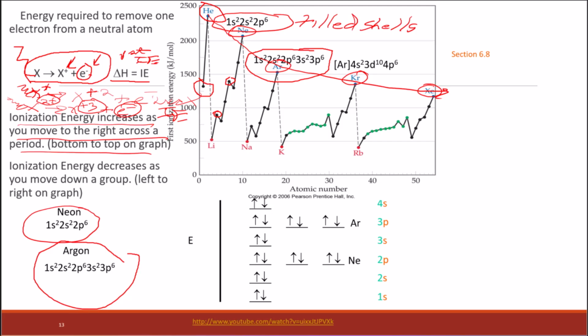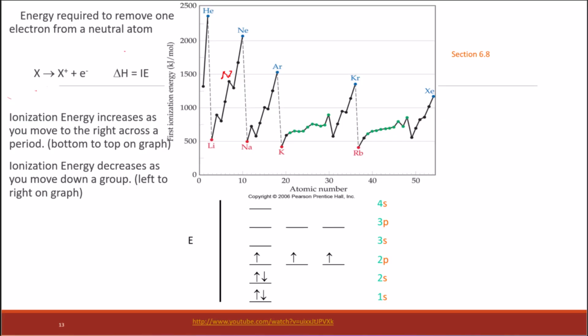And there we go. I wanted to go back just a moment and remind you that this peak right here represents nitrogen. And this is experimental data. The reason that the ionization energy jumps up for nitrogen is because it has a half-filled shell.